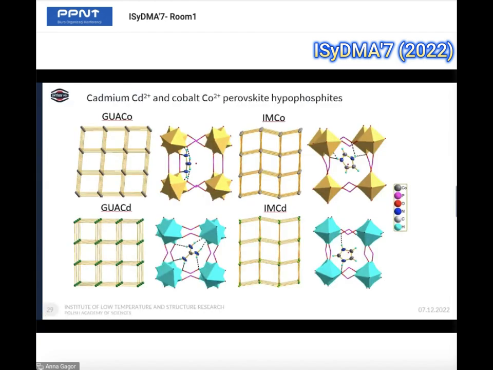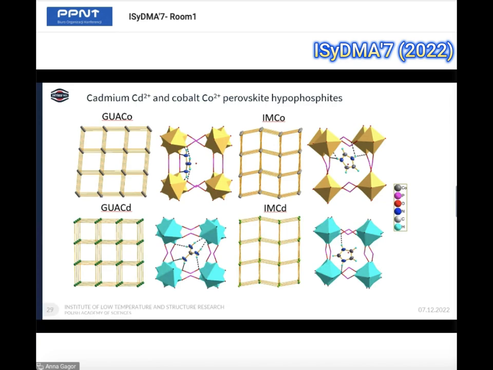Then we wanted to see what will happen if we change not the amine but the metal as well. So we produced a series of cobalt and cadmium formates. They all had features which are also found for manganese hypophosphates. They were all ordered with massively distorted cavities, and they did not have phase transitions.